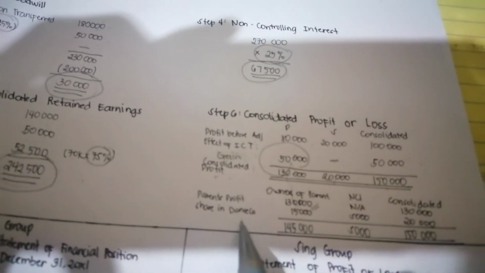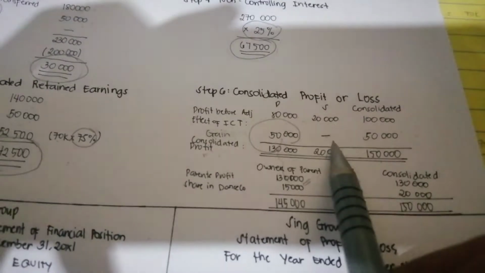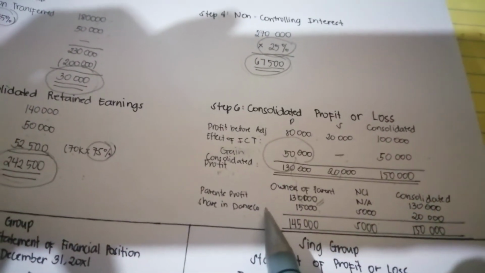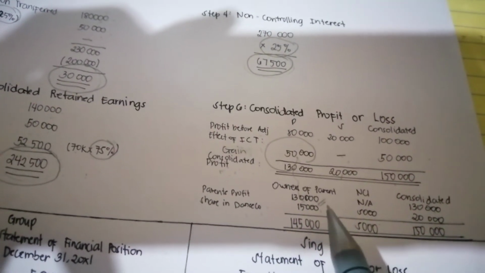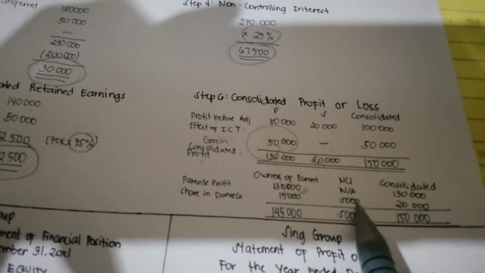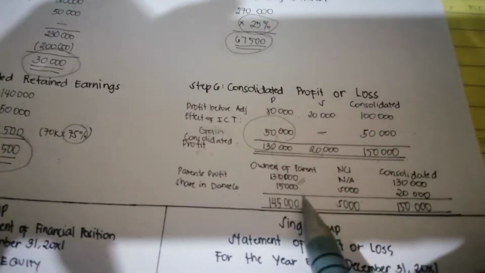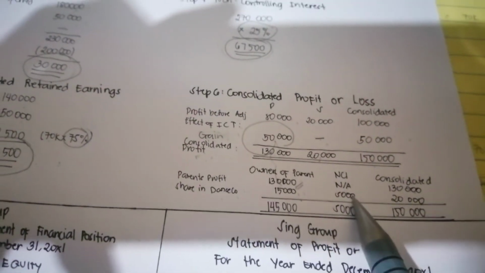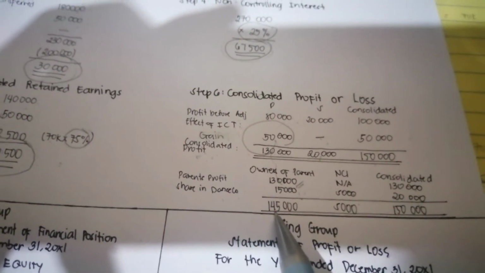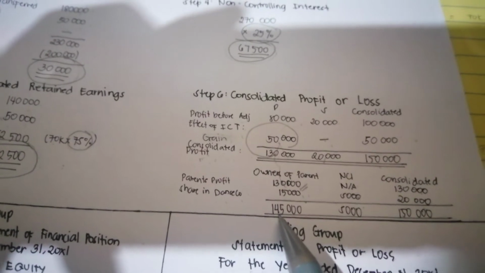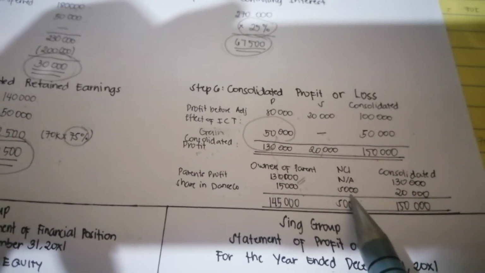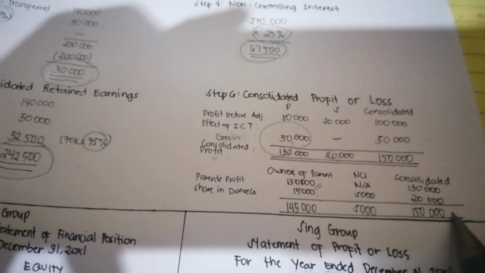Share in Dance Corporation, the subsidiary: 15,000 since parent has a 75% interest in the net asset of the subsidiary, 15,000, and 5,000 NCI. Total of 145,000 for parent, NCI of 5,000, and 150,000 consolidated.